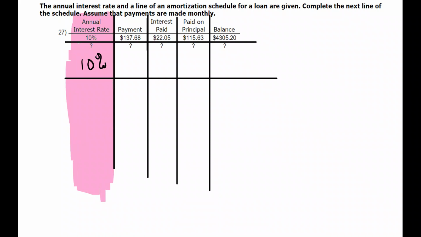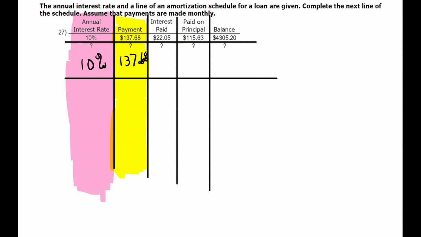Same thing with the monthly payment. Your monthly payment is always going to be the same. That's never going to change. If you have a car payment, you should know that, right? So that's going to be $137.68. I didn't do that very good, but that's all right.